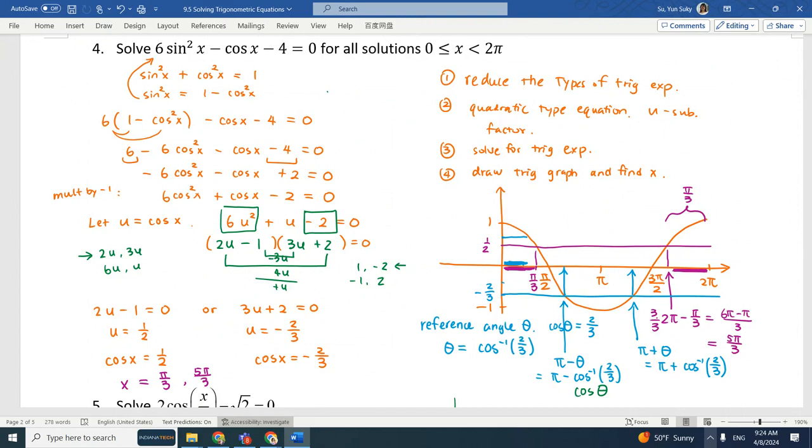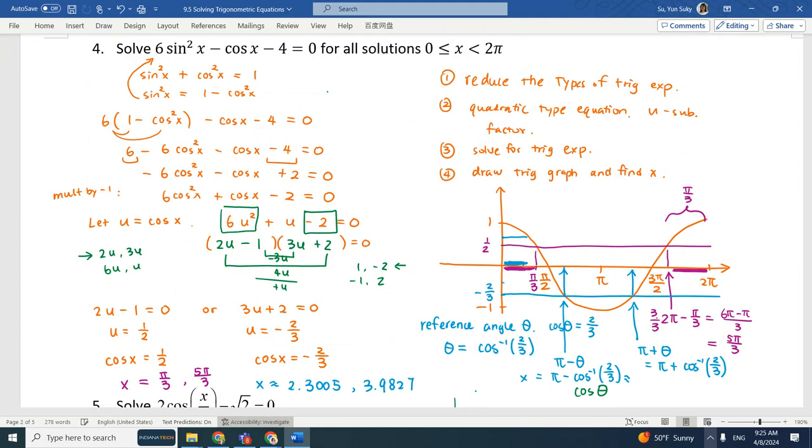Now I need your help. What is pi minus arc cosine of 2/3? So 2 point what? Thank you. That's the first number, right? And how about the second number, which is pi plus arc cosine 2/3? 3.9827.